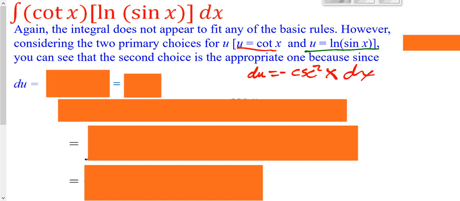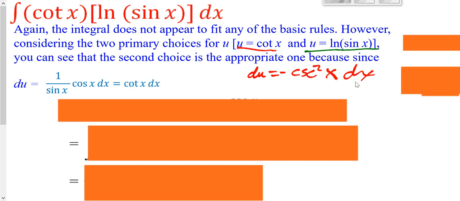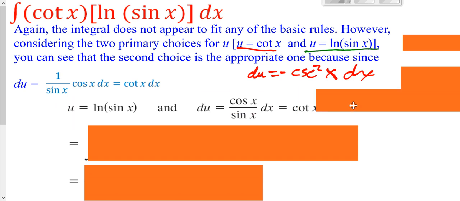Well, remember when you do the derivative of natural log, you go 1 over what's after your natural log times the derivative of the inside, which is cosine. Well, you know cosine over sine is a cotangent. And hey, we have a cotangent showing up in our problem. So yes, u does work on this problem. So essentially, we're going to let u be this, and then du is our cotangent.